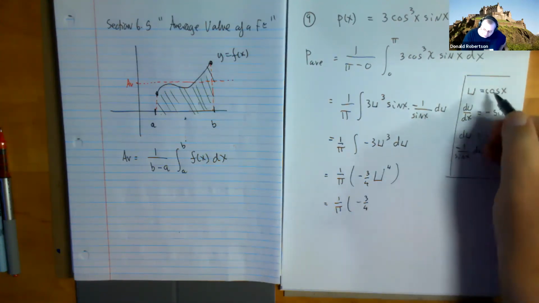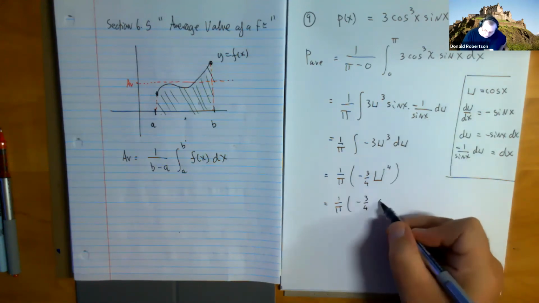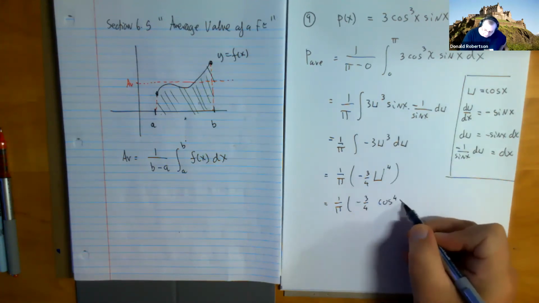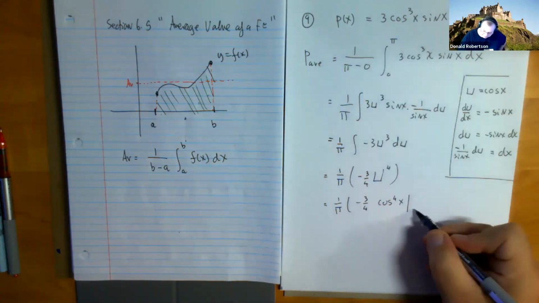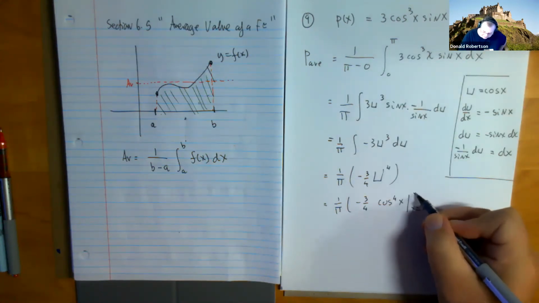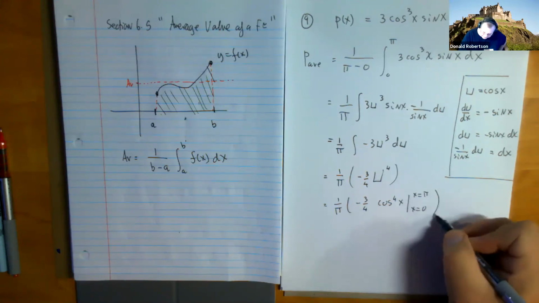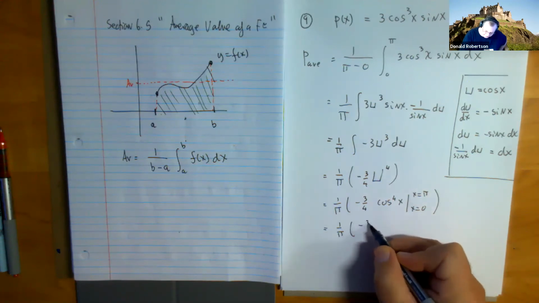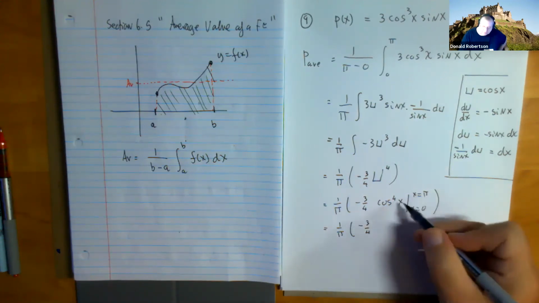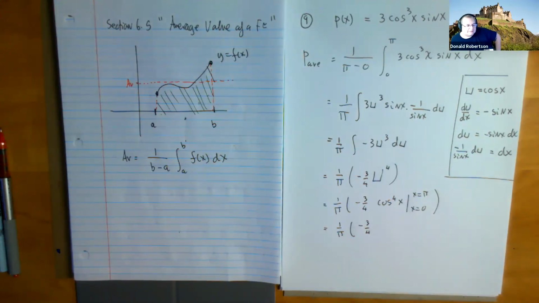I'll return the u to a cosine, so u to the 4 becomes cosine x to the 4. And now I can evaluate it at the 0 and pi. Right, cosine of pi.